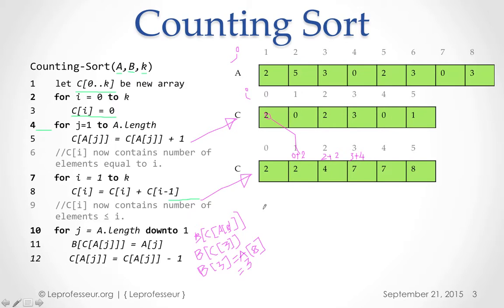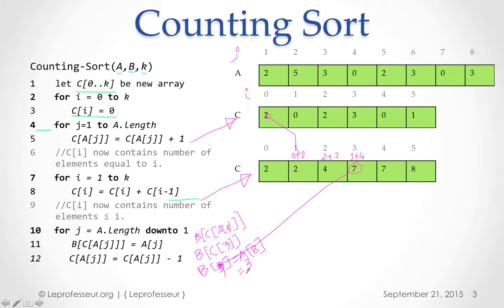Now sorry, here C of 3 is this one. C of 3 is 7, okay, because now our array is changed, so this becomes 7, okay. So B of 7 is equal to A of 8 is equal to 3.